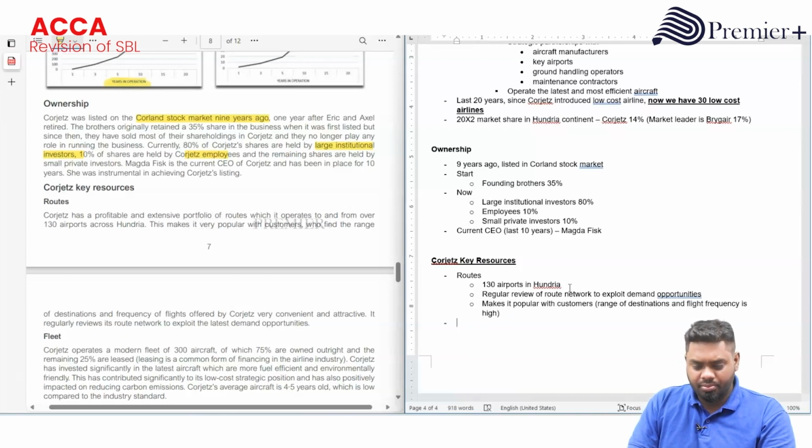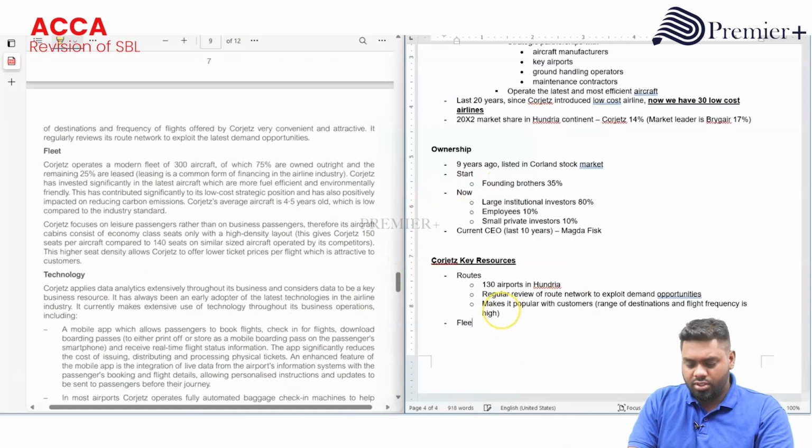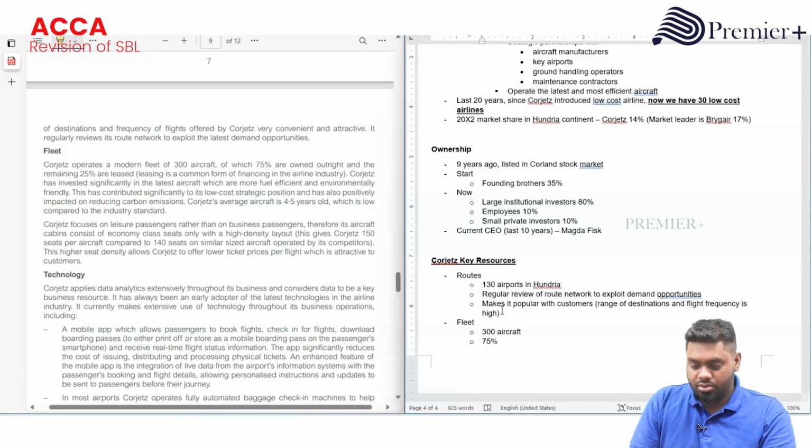Next, fleet. So let's look at the fleet. Cojet operates a modern fleet of 300 aircraft, of which 75% are owned outright and the remaining 25% are leased.